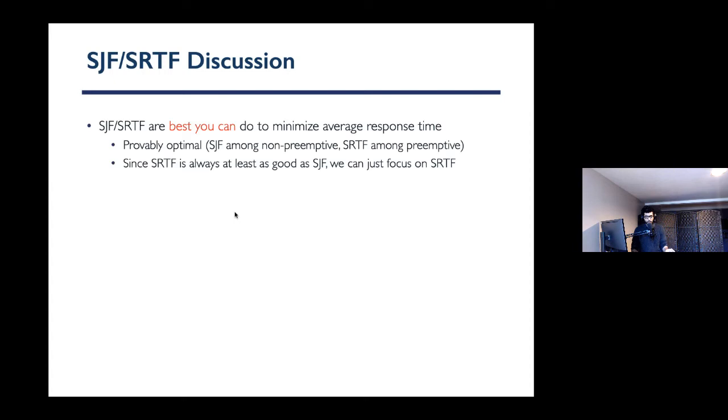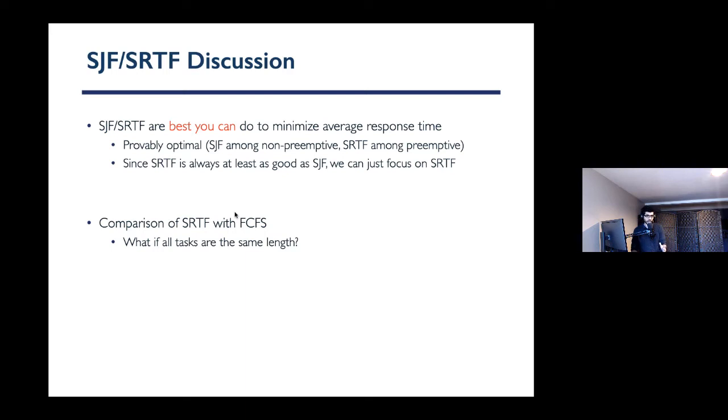Now, let's do some discussion. If we compare SRTF with FCFS, which one do you think is better in terms of performance? We saw that SRTF minimizes the average response time, and we have a mathematical proof for that.